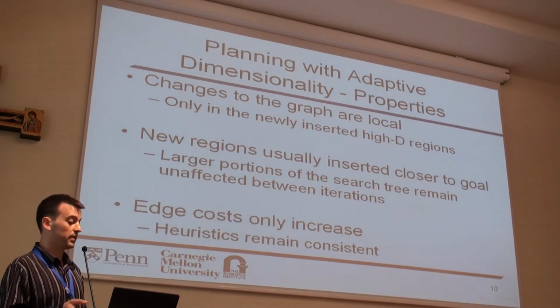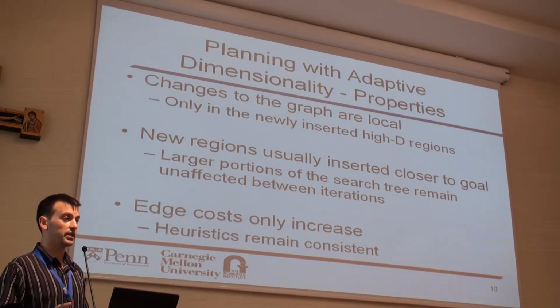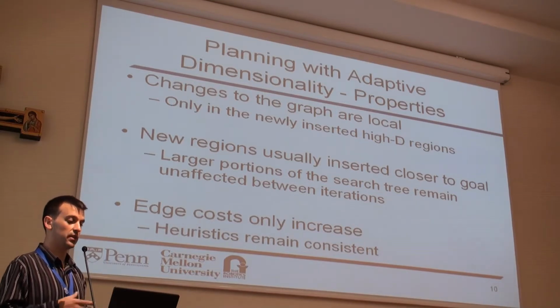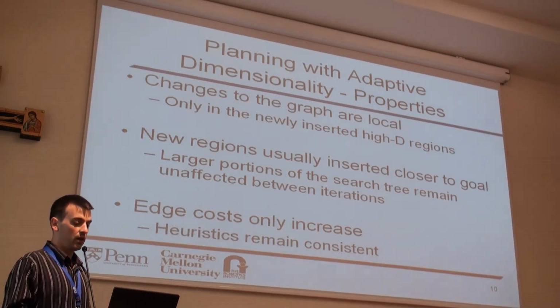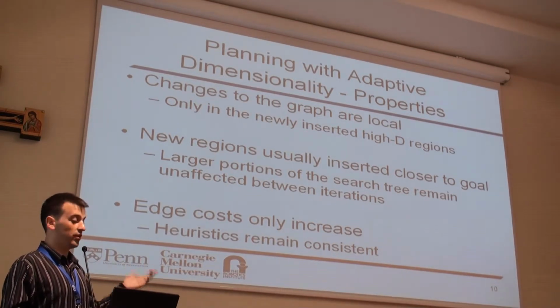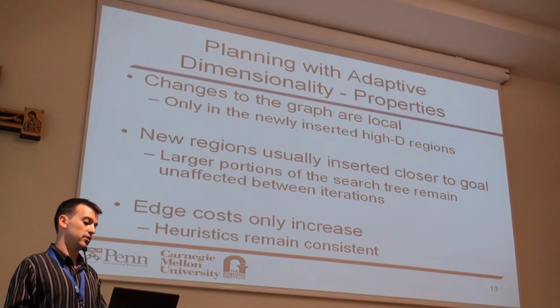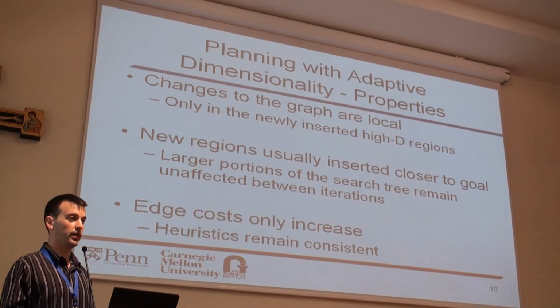And also, last but not least, edge costs only increase, since the low-D state space is underestimating the cost, and when we insert a high-D region we're actually increasing the cost of that region. So our original heuristic remains consistent, so we don't need to worry about recomputing it at every iteration.